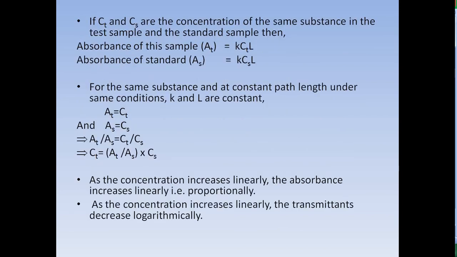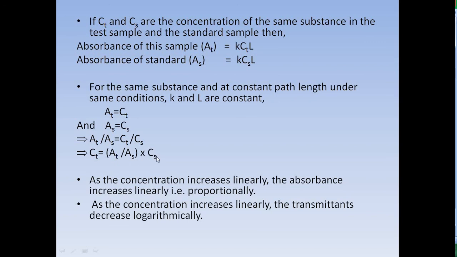So from this formula we can find out the concentration of the unknown solution or the test sample by finding the absorbance of the test and the absorbance of the standard.